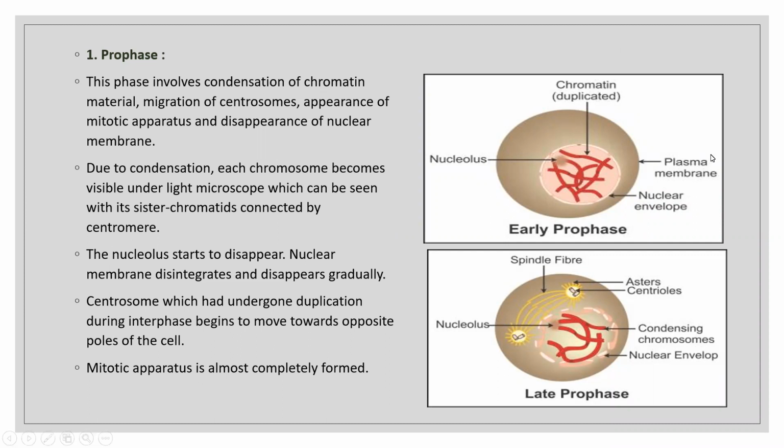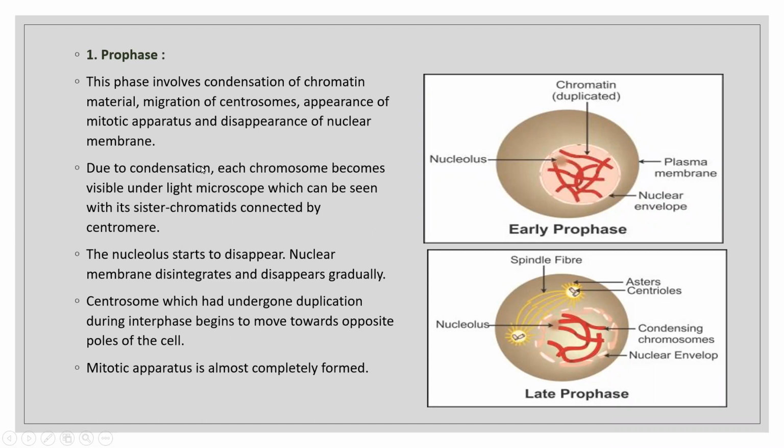This whole chromatin material reorganizes itself in such a way that it becomes short and thick. See, in early prophase, you can see they are in the form of long thin thread-like structures, and when they undergo condensation, you can see here they become short and thick, and that is why they are named here as condensing chromosomes.